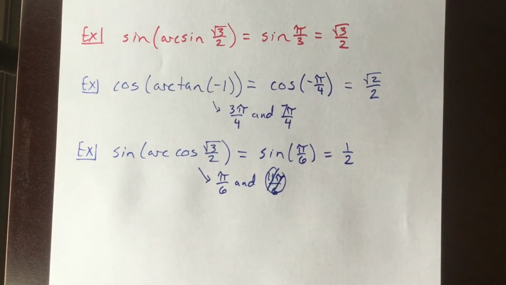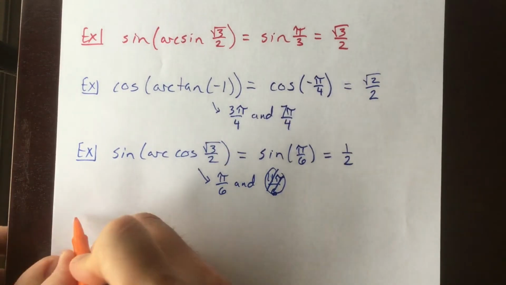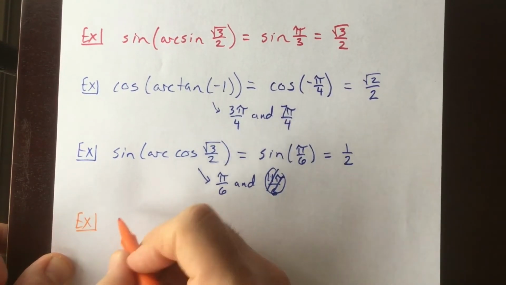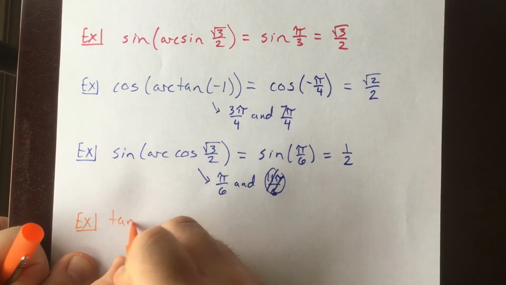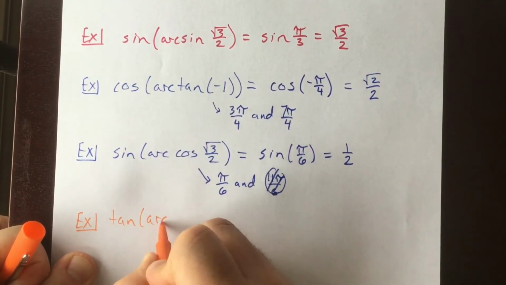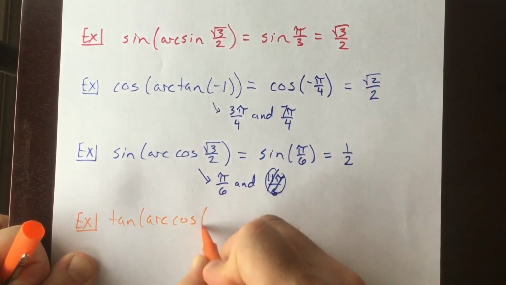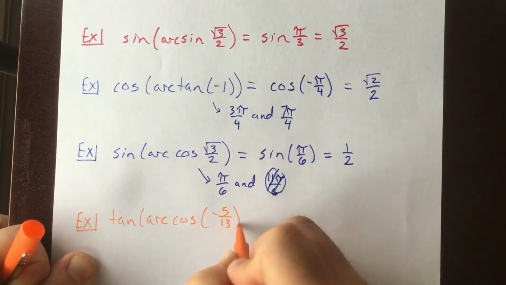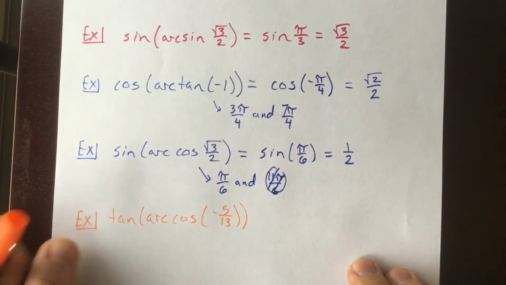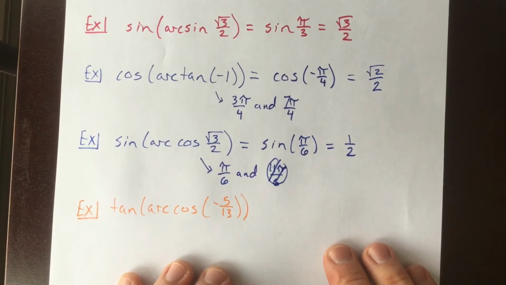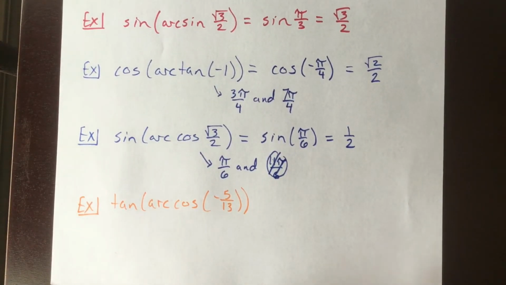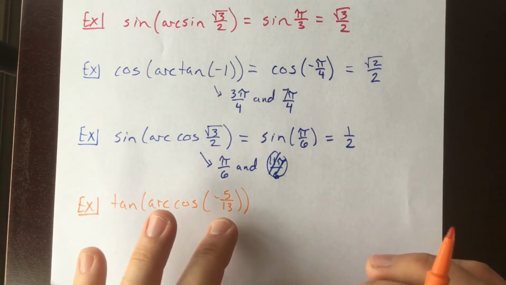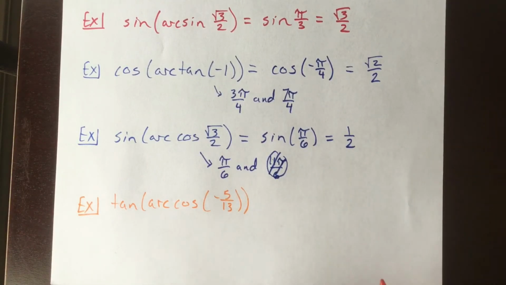So one last example to close off this lesson. Let's say we have the tangent of arc cosine of -5 over 13. How in the world would we talk about that? Arc cosine of -5 over 13 is not something we're familiar with, especially with the unit circle.